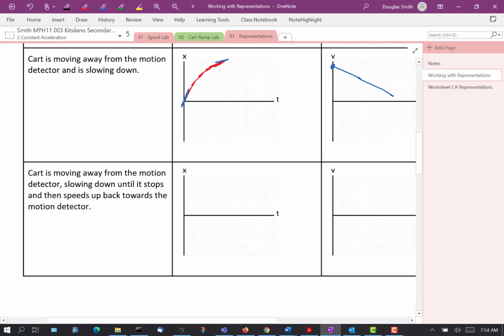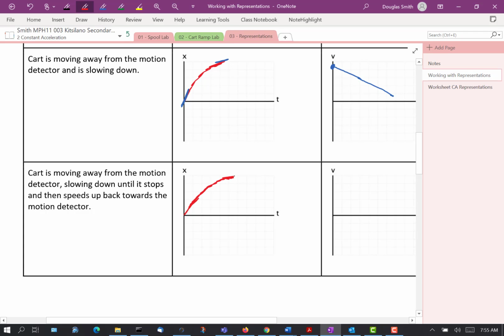Here we have a cart moving away from the motion sensor. It's slowing down until it stops, and then speeds back up towards the motion sensor. So it's moving away, slowing down until it stops. It's getting less and less steep until it stops.